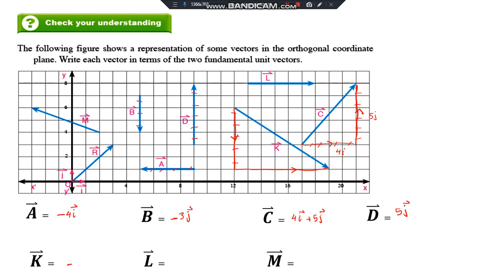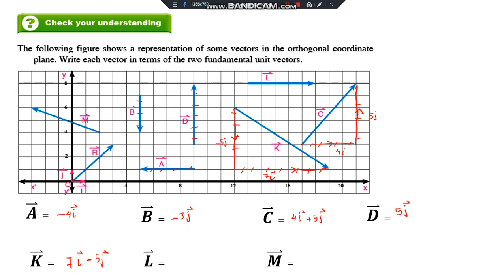We take the horizontal one first, which is 1, 2, 3, 4, 5, 6, 7. This is in the positive direction, so it's 7i, and this is negative 5j. So we represent it by 7i minus 5j.